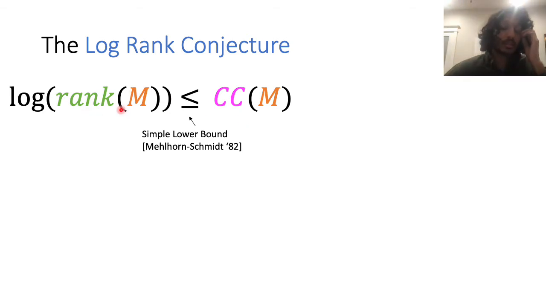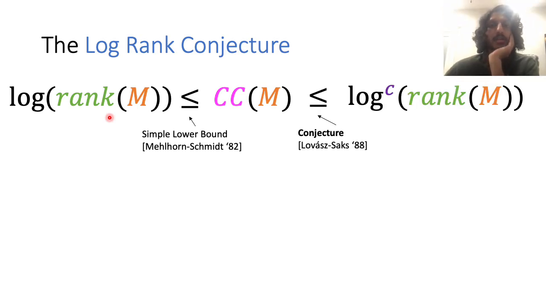So if you look at a communication matrix, you take its rank and then take the log of it, that's a very simple lower bound on the communication complexity. On the other hand, Lovász and Saks conjectured in '88 that this lower bound is actually kind of tight, in the sense that the log of the rank of a matrix, at least up to a polynomial, actually characterizes communication complexity. And so this is the log rank conjecture.